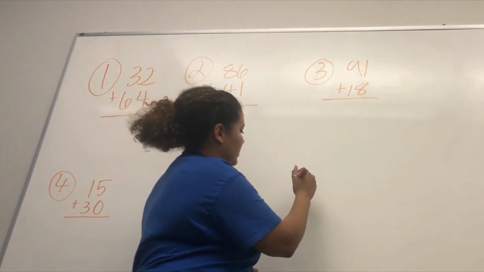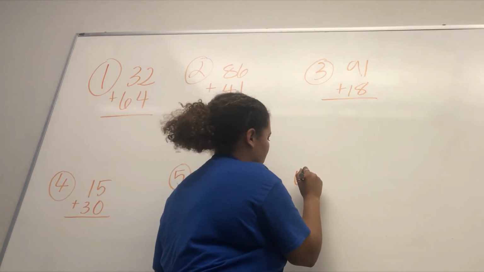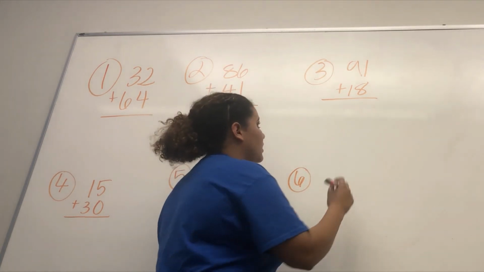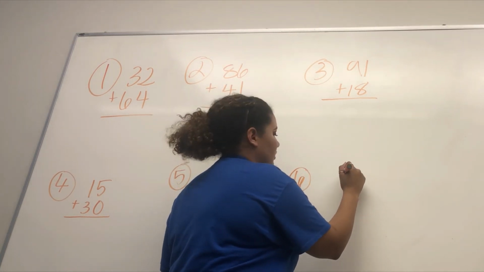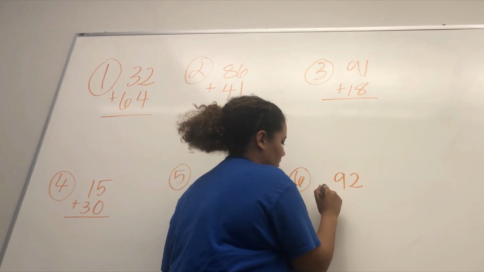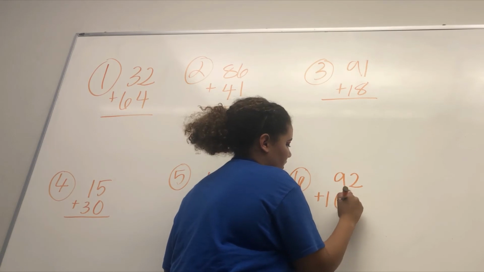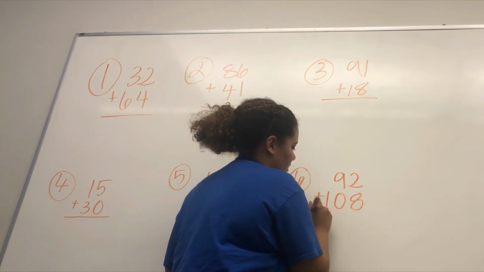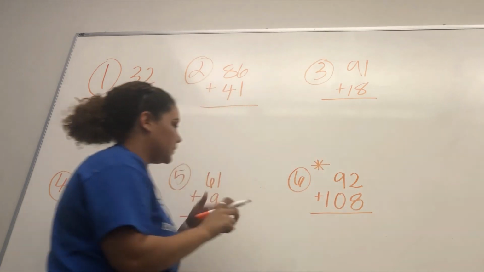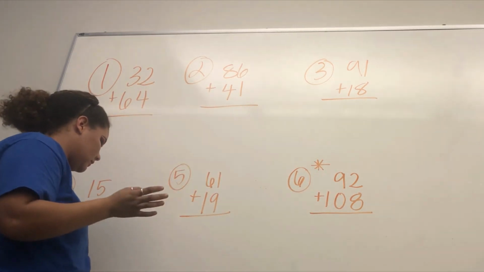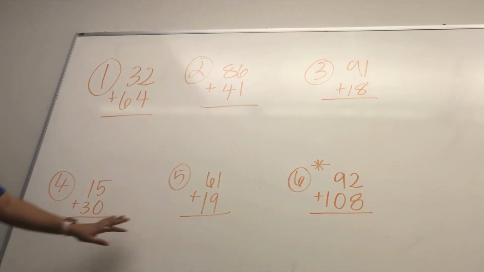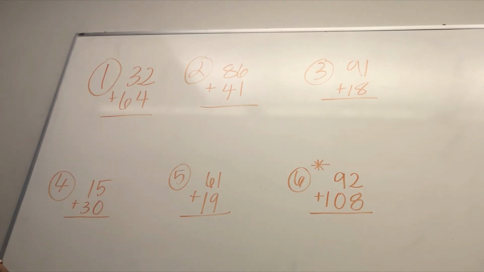And then the last one is gonna be a bonus one, so if you get this right, we're gonna learn this in the next lesson, okay? So this one's gonna be 92 plus 108. So you guys can figure out this one using the steps we used for the other ones. If you can't figure it out, it's okay. But make sure you have these first 5 done. If you don't have the last one done, it's okay.